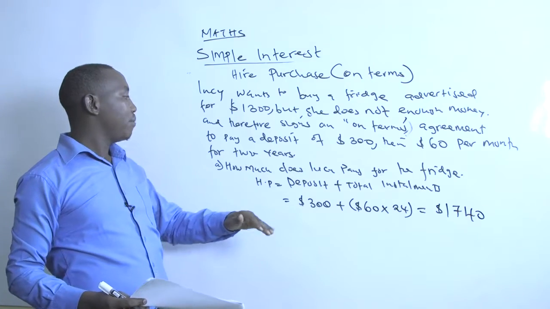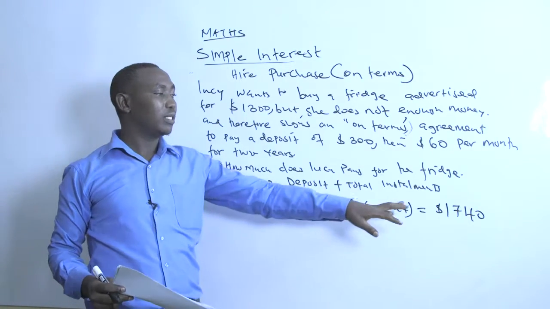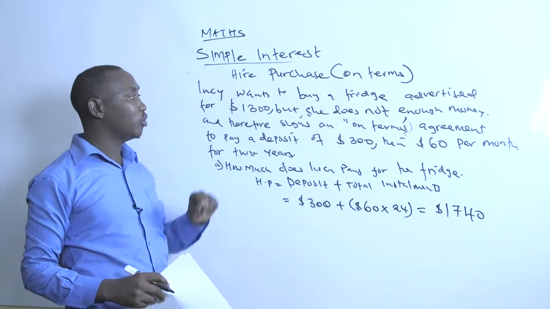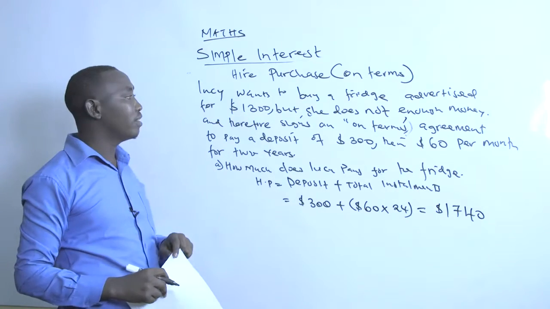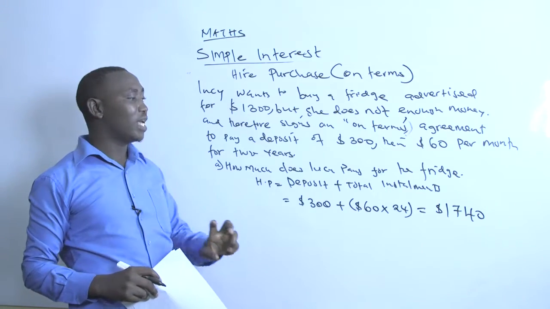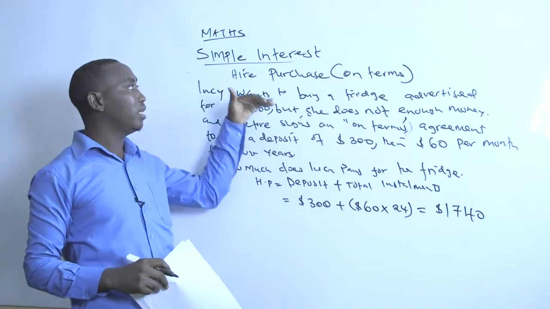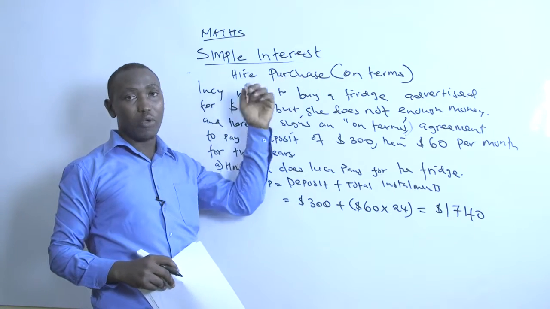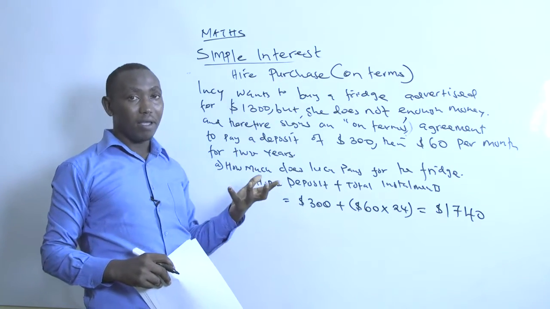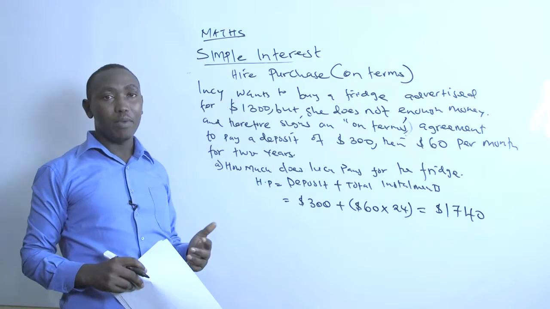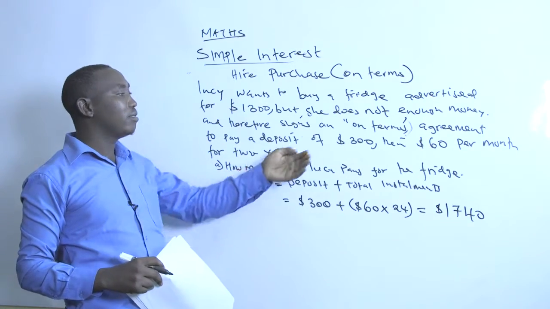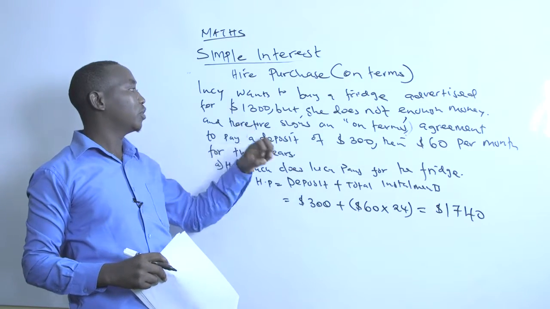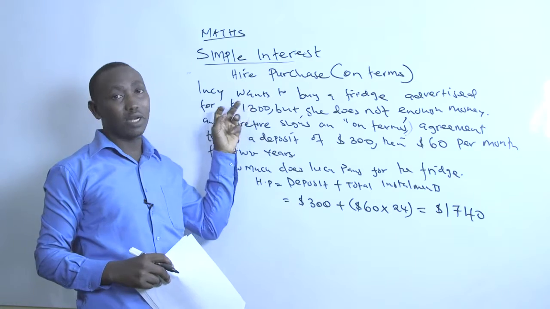Now, if we compare the hire purchase price, which is $1,740, and the cash price, which is $1,300, you'll discover that when you use this particular method, that is on terms basis, you are going to pay much higher. And you pay much higher because you only paid $300 and you acquired a commodity that was costing $1,300.